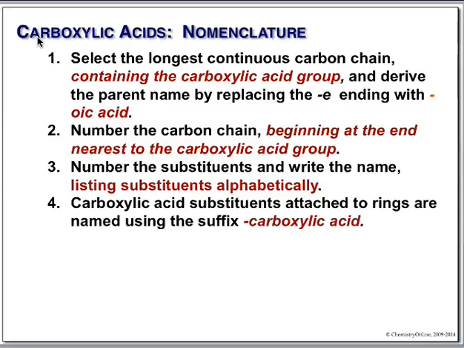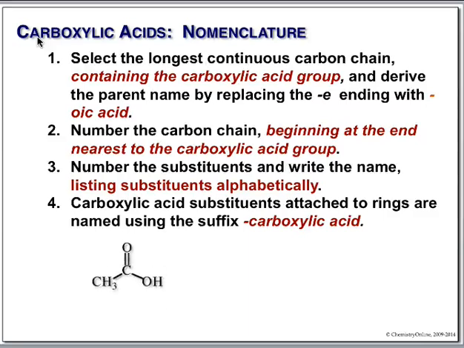As always, we're going to list substituents alphabetically. If we have a ring, benzene ring, cycloalkane ring, whatever, and we have a carboxylic acid attached, we will simply add the words carboxylic acid to the ring.